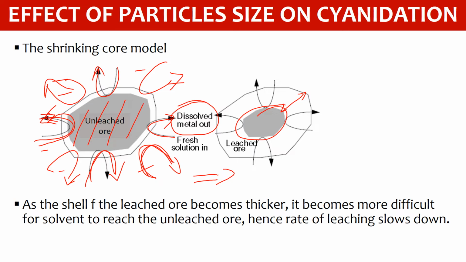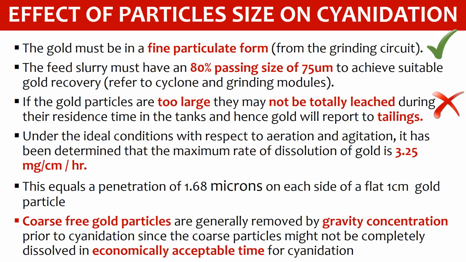And also, even if this is your particle size like this, and maybe it is still covered in gangue, and here is the particle of choice, or the wanted mineral of choice, it will take a very long time until this core shrinks for your lixiviant to eventually reach this portion of mineral. So particle size plays a very important role in cyanidation.